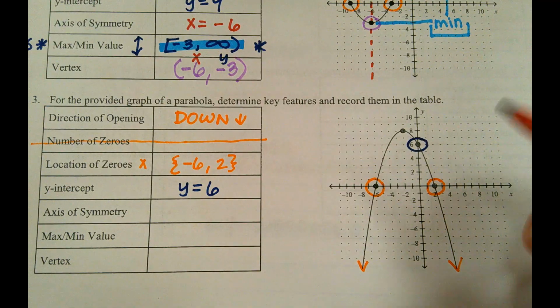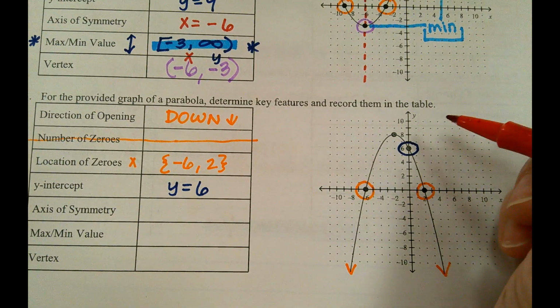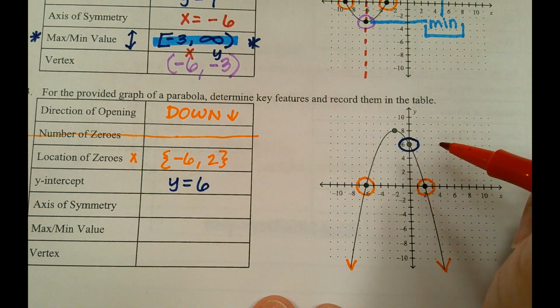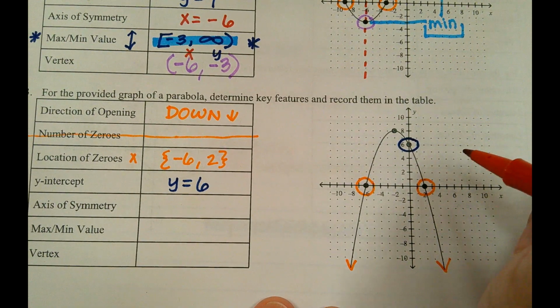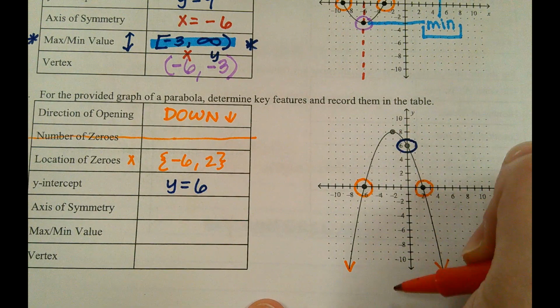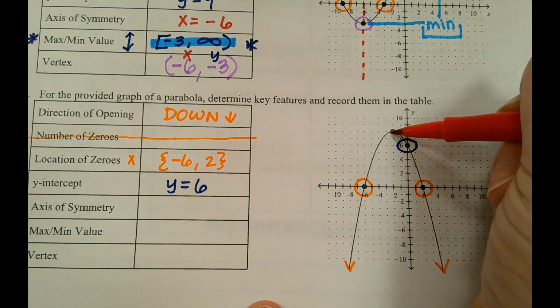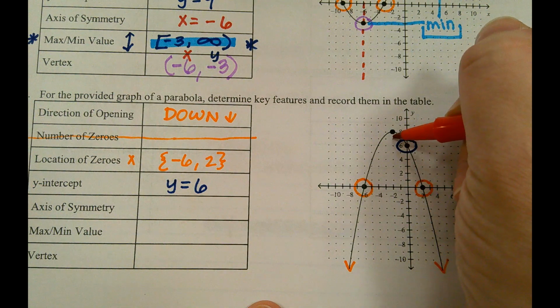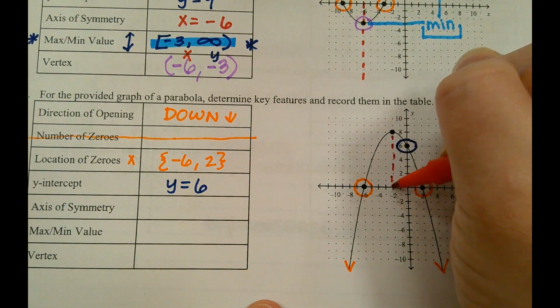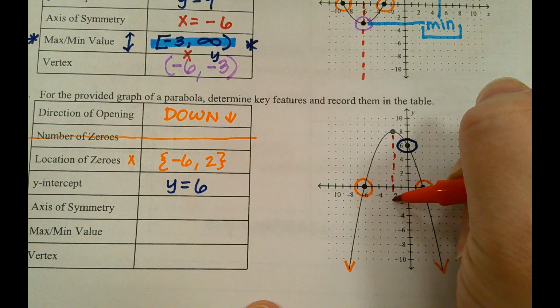Now for our axis of symmetry. I'm going to find my vertex, and usually I'll have you do the vertex first, just because once you see the vertex, the axis of symmetry is a little easier to draw. Here's my point. Whenever I draw my dotted line, -2 is what we go through. Good.